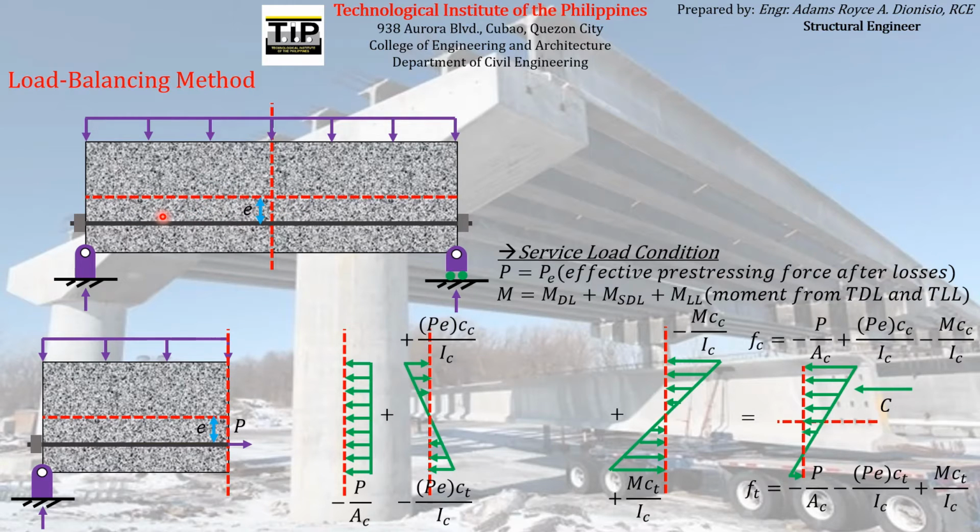And the magnitude of those bending moments that will be produced by these imposed loads, the dead load, live load, and the superimposed dead load, will vary from one end of the simply supported beam to the other end, with the maximum value occurring at midspan.